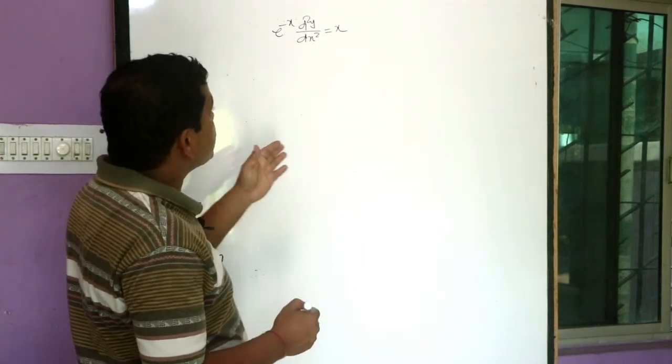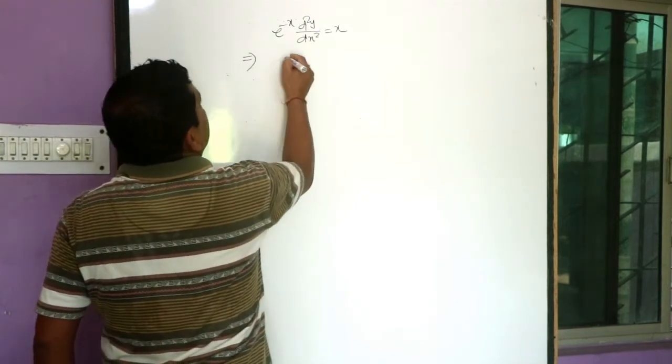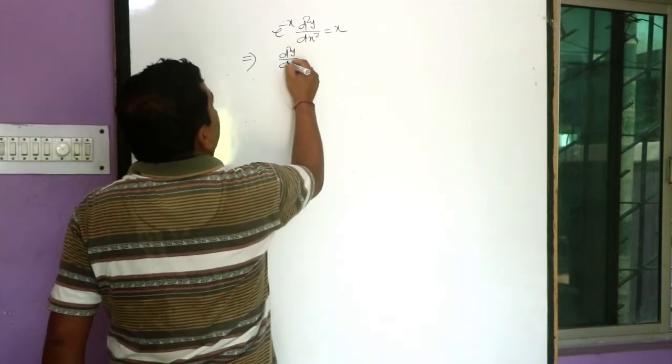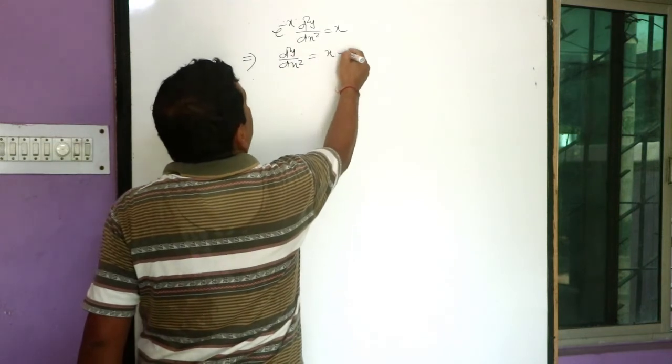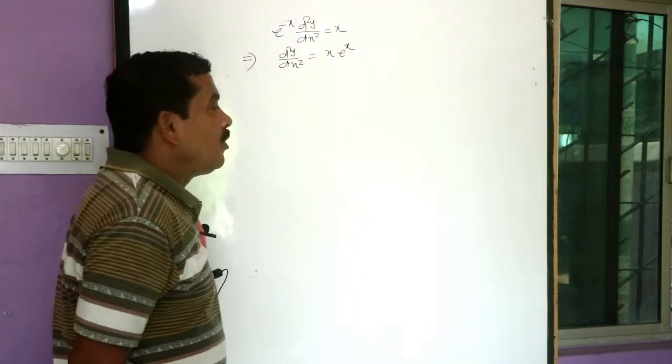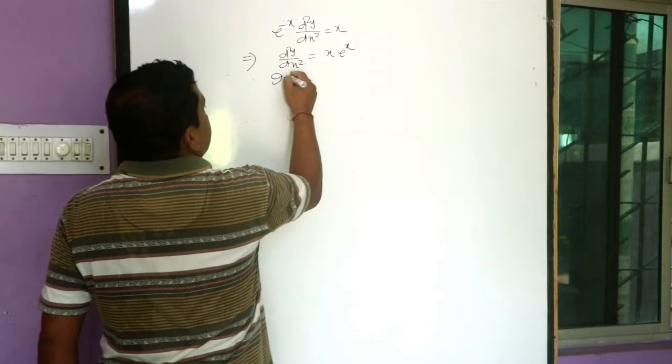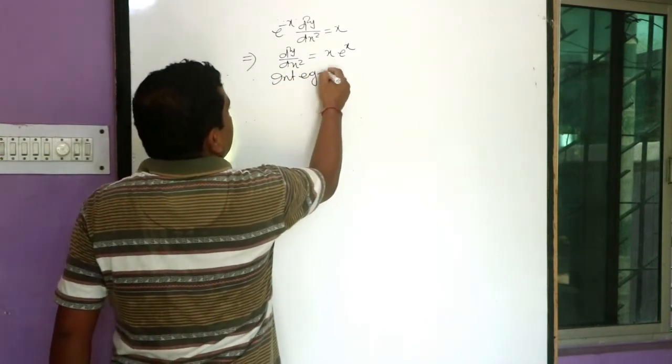So first you have to separate, that is d²y/dx² = x e^x. Then integrate once, integrating both sides.